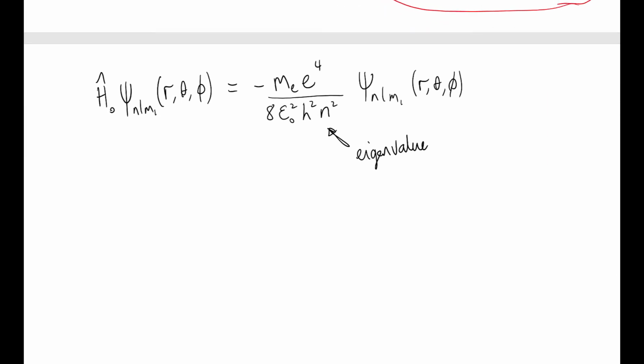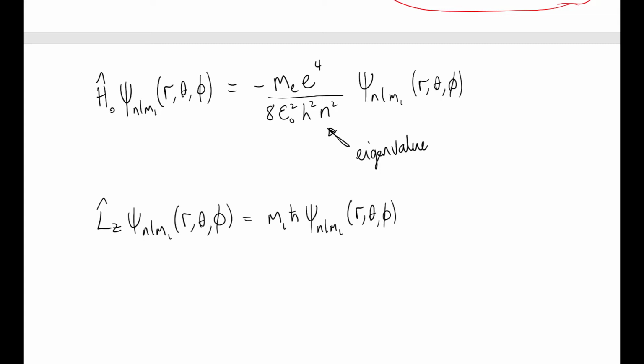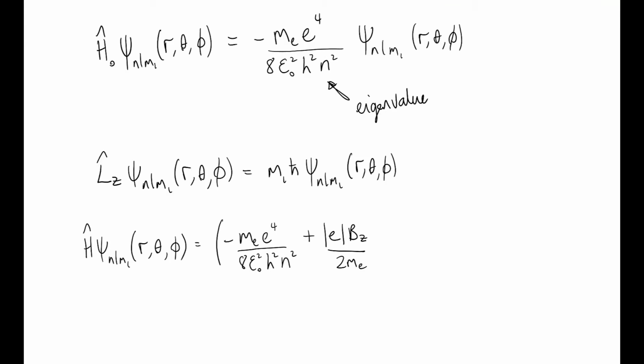And similarly, we can do the same thing when applying the quantum mechanical operator for angular momentum in the z direction to that same wave function. So this means we can easily rewrite the Schrodinger equation, but now we can collect the eigenvalues on the right hand side, and those will become the energies of that hydrogen atom that finds itself in the magnetic field. So let's have a look.